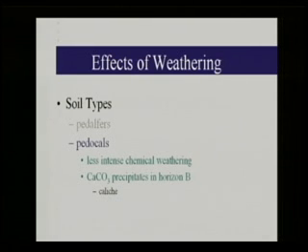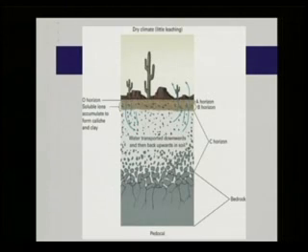The calcium carbonate in pedocal, you can think of calcite or calcium carbonate, the calcium carbonate precipitates in the B horizon. So it is dissolved out of the A horizon, but it reprecipitates in that B horizon or the B zone, and it results in these nodules of calcium carbonate referred to as caliche. Again, this occurs in a very arid environment.